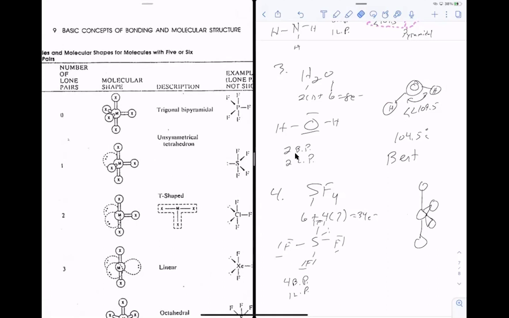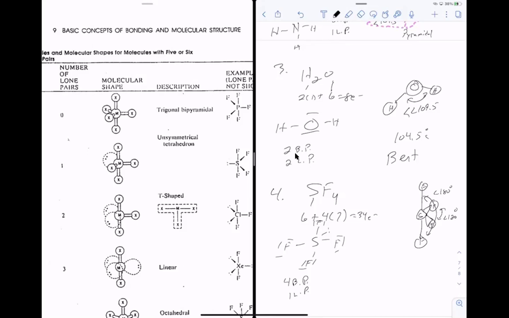And so when I get this, I have my SF4. And this one's a hard one to tell. When you look at the name of it, you'll see that it's known as an unsymmetrical tetrahedron. Angles, by the way, are less than 120, less than 180.